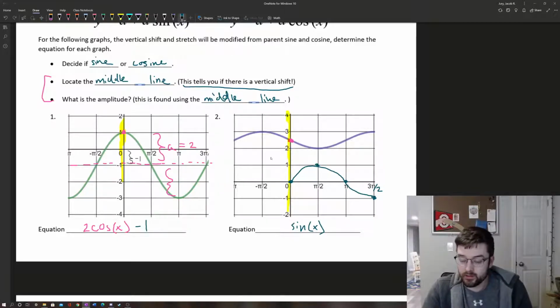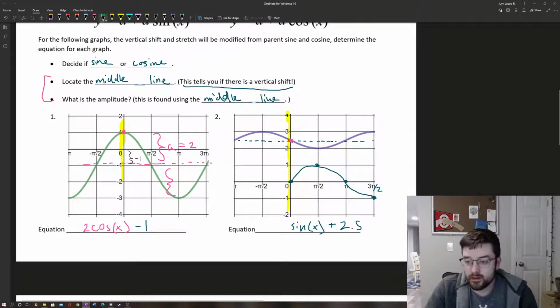So clearly, this graph has been shifted. Its middle line has been shifted up to 2.5. So plus 2.5 is what I'm putting there, or 5/2 if you wanted to use a fraction. And the amplitude is going to be the distance from the middle line to the peak or to the valley.